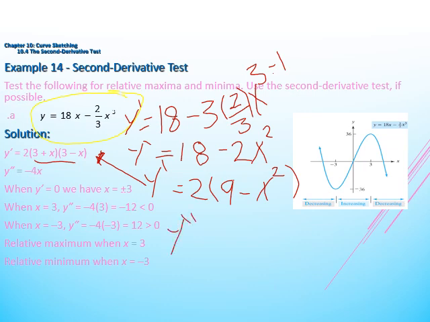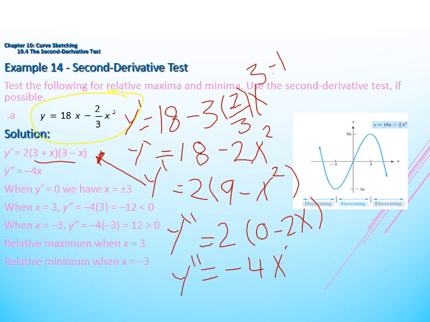Second derivative is equal to 2 times the derivative of 9, which is 0, the derivative of a constant, minus 2x squared, which is equal to 0 minus 2x times 2, minus 4x.